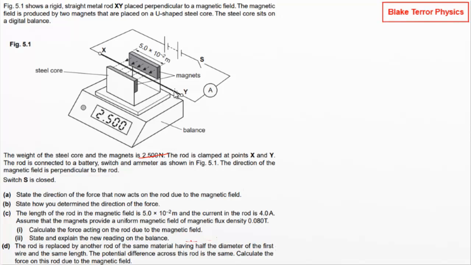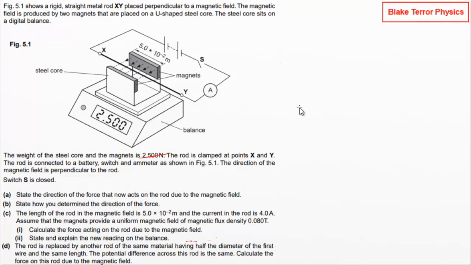The rod is clamped at points X and Y. I'm not too sure what it's clamped to, but it probably doesn't matter. The rod is connected to a battery, switch and ammeter shown in the picture. Direction of magnetic field is shown. Switch is closed. State the direction of the force that now acts on the rod due to the magnetic field.